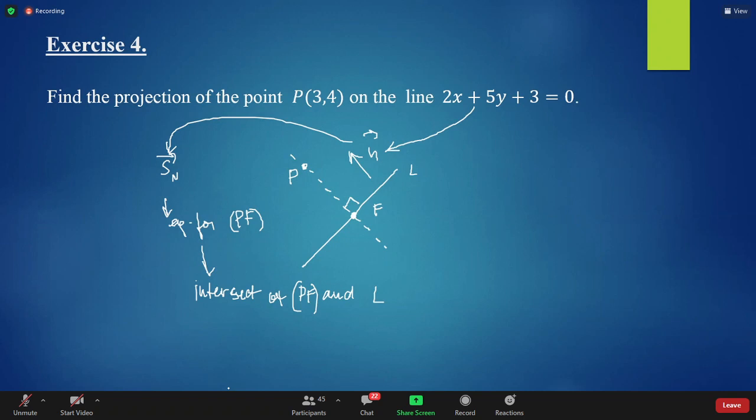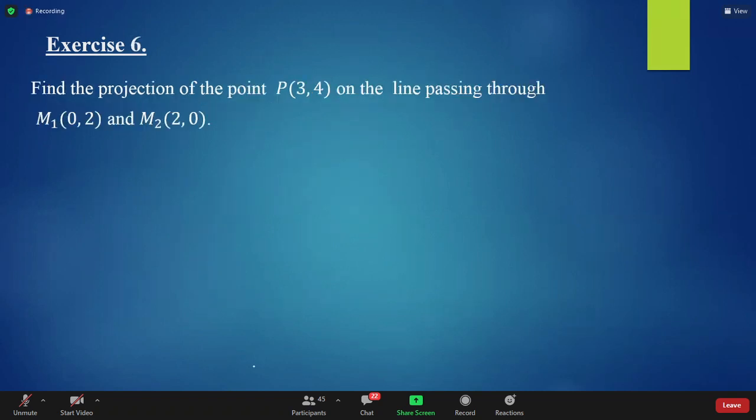And in the last case, that will be exactly the same thing, except that if you write an equation for this line, you will get M1, M2 as the direction vector, not the normal vector.